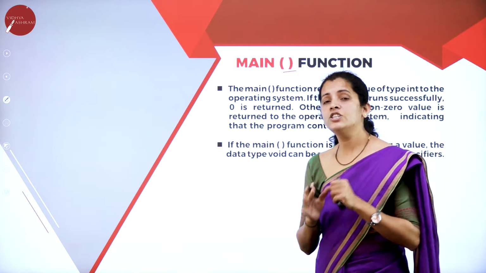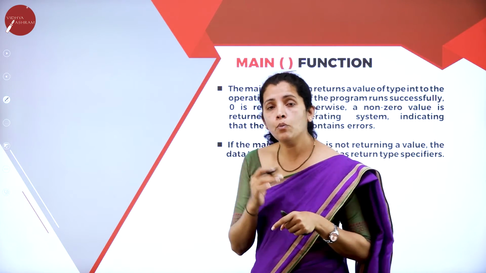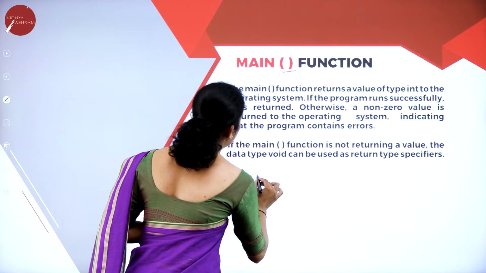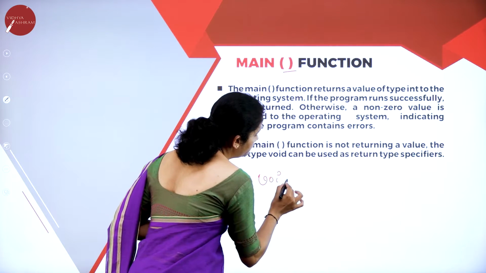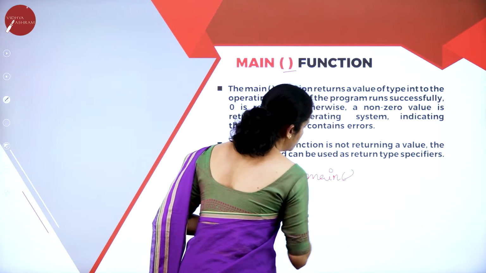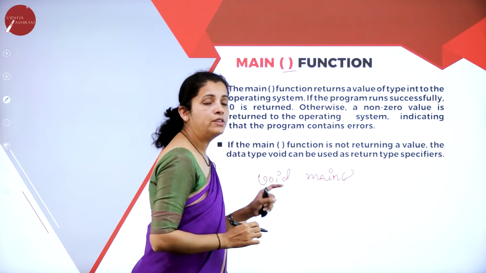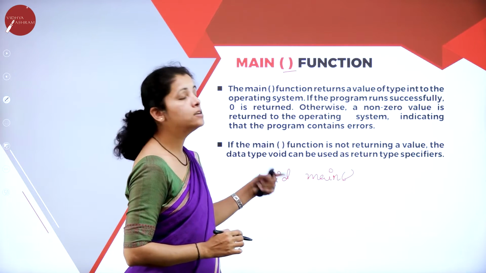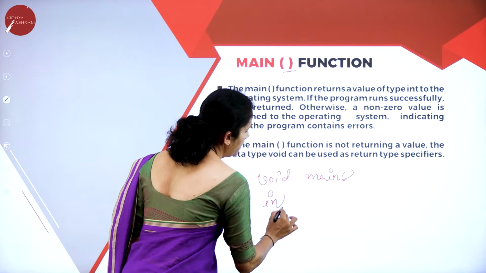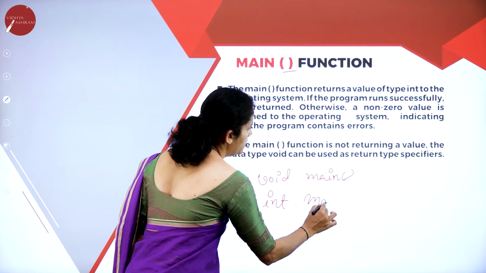If the main function does not return any values, then it is specified by using void main. Now think that if the main function is going to return some values, then in that situation, int main.